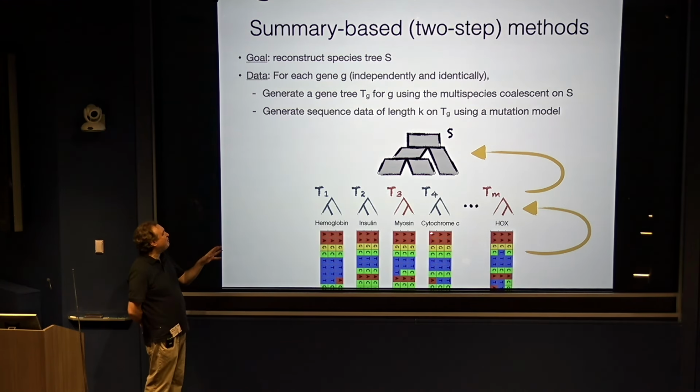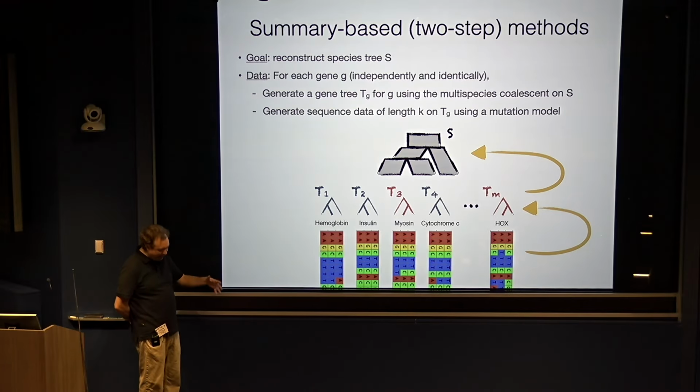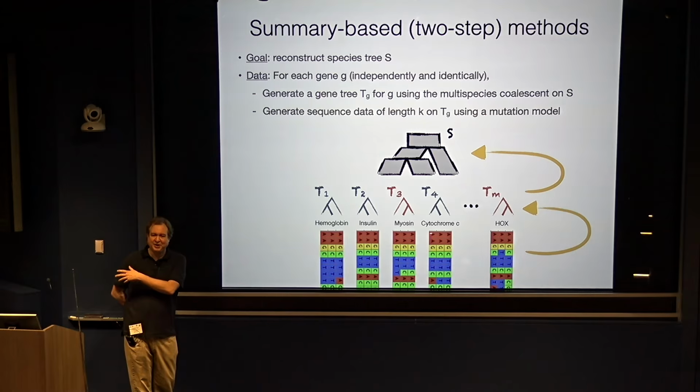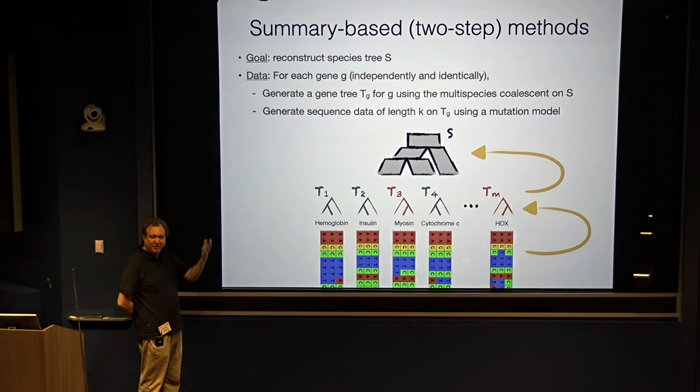Where it's going to affect me is that to get a good reconstruction, I need enough independent gene trees to guarantee that I get the right thing out of it. If they're correlated, then effectively I have fewer samples. So it will affect me, but not necessarily as badly as you might think. Yes?